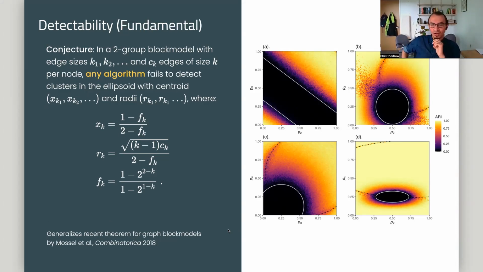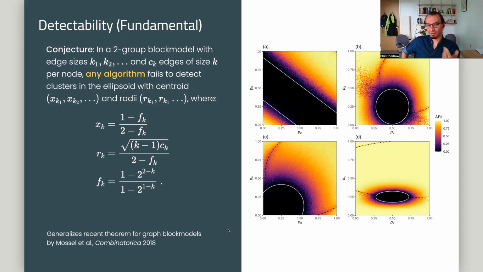Additionally, it's known that in graphs, when non-backtracking methods under the Nishimori condition fail, that actually coincides with complete undetectability in the sense that no algorithm can detect clusters. And so we pose the same conjecture here. We think it's likely the case that we've actually found the fundamental limits of this task.